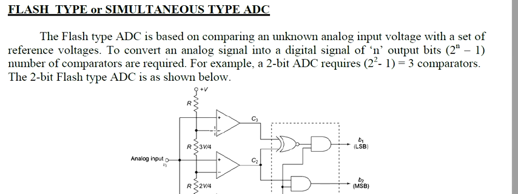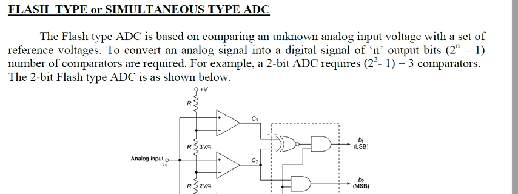Then the analog input Vi is compared with these reference voltages and the result is obtained at the output of the comparators, indicated as C1, C2, C3.